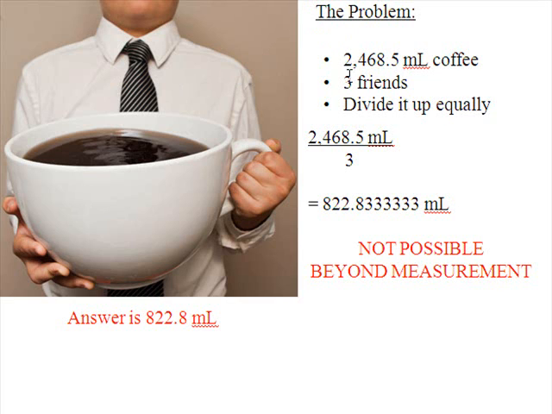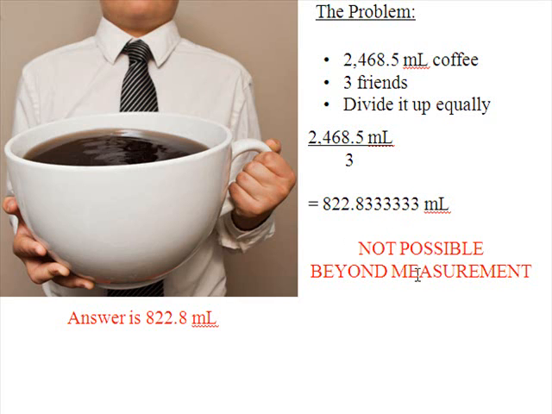You've got 2,468.5 milliliters of coffee. There are 3 of you, and you want to divide it up equally. So you've got 2,468.5 divided into 3 equal parts, and you punch it in the calculator, and you get 822.8333333 milliliters.